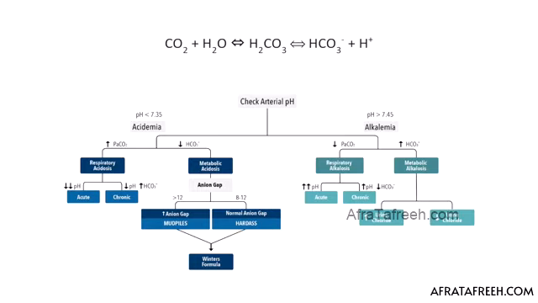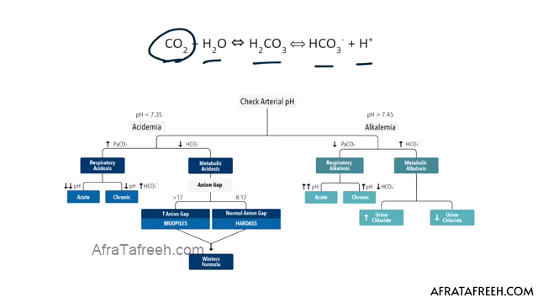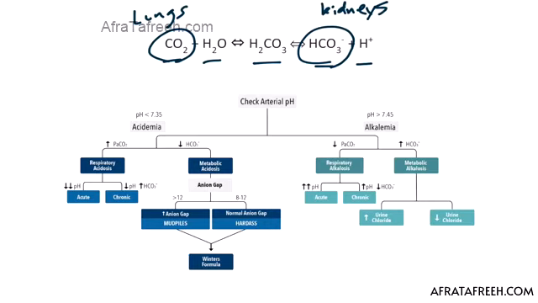Anytime I think about an acid-base problem, I like to use the equation carbon dioxide plus water reacts to form carbonic acid, which then gets converted into bicarbonate and hydrogen. The left side of the equation, carbon dioxide, is regulated by the respiratory system, and the right side of the equation, bicarbonate, is regulated by the kidneys.